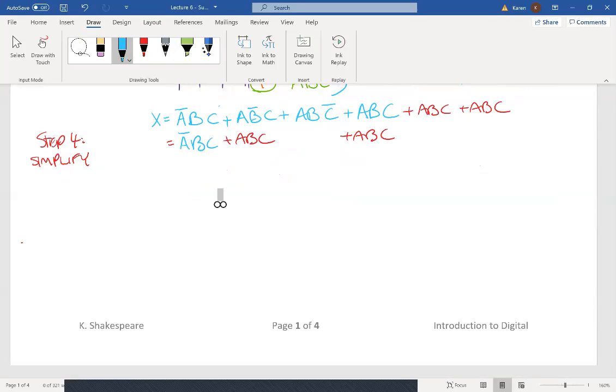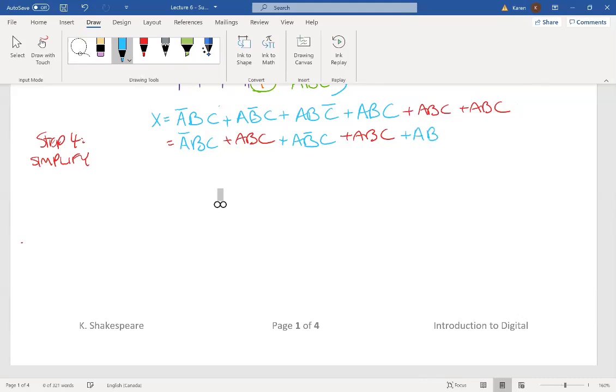If you don't know what I'm talking about, then take a look at the synchronous class, week 5 synchronous class, where I prove that I can add as many of these terms as I want to, because Y or Y equals Y, one of our theorems. So there's our original equation with the extra ABCs added.